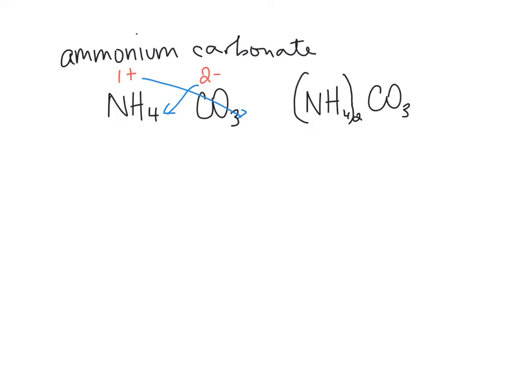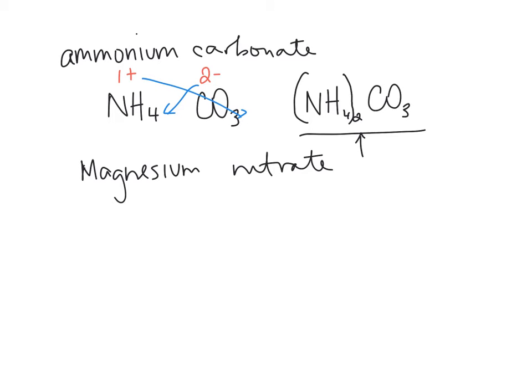So it's bracket ammonium, bracket subscript 2, carbonate. So ammonium carbonate is this. So put polyatomic ions in brackets if there's more than one of them in the formula. You know if there's more than one because of the subscripts.